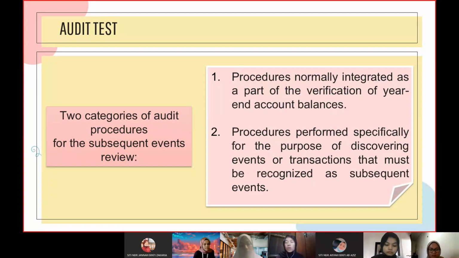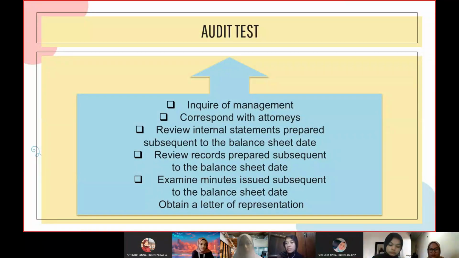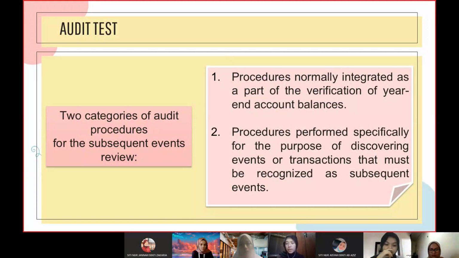Okay, next we will see the audit tests in subsequent events, which have two categories of audit procedures. First, procedures normally integrated as part of the verification of year-end account balances. Second, procedures performed specifically for the purpose of discovering events or transactions that must be recognized as subsequent events.